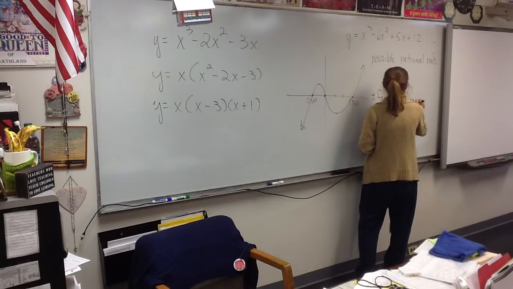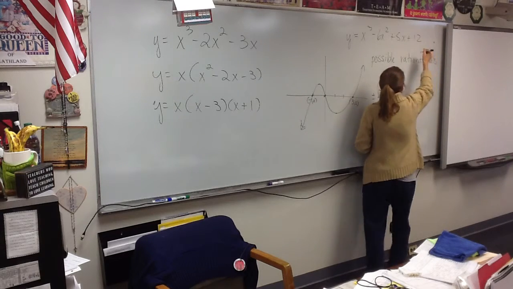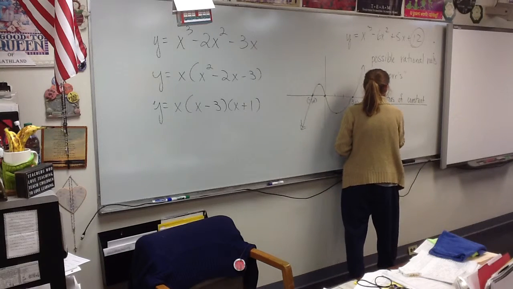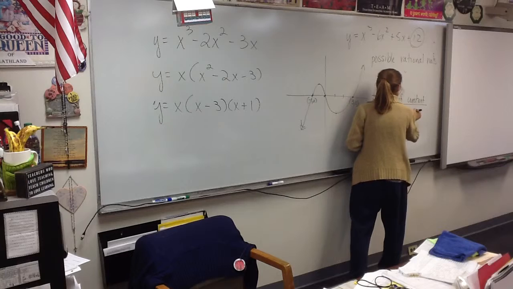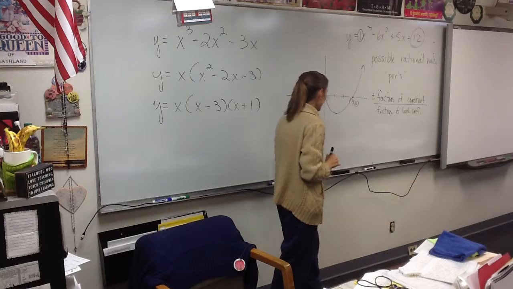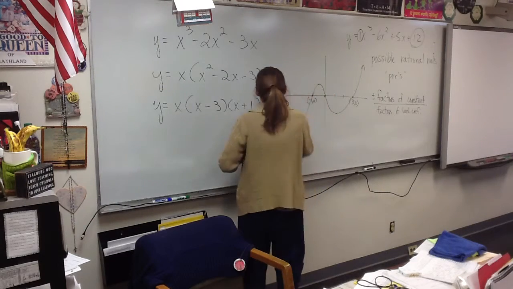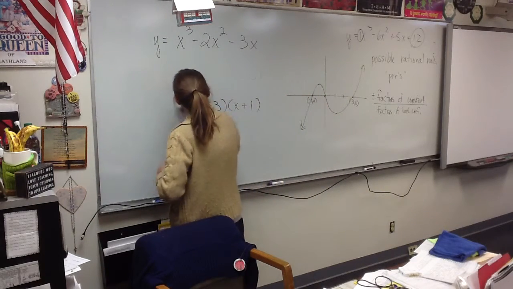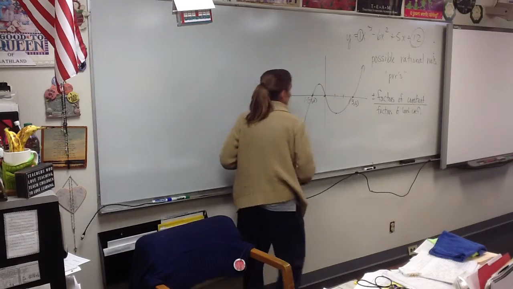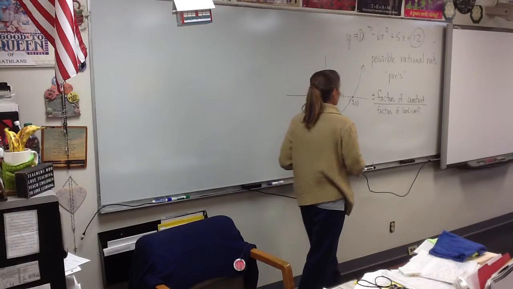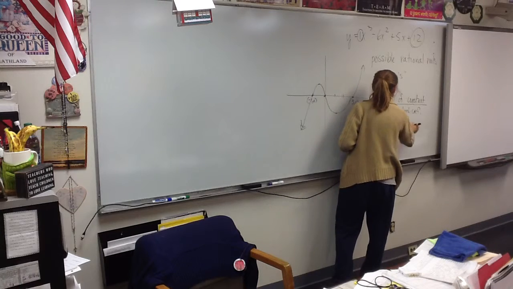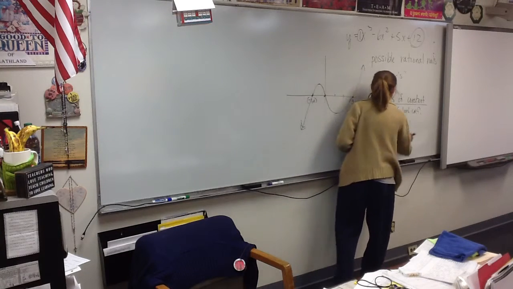Factors of the constant, which is 12, the plain number, over factors of the leading coefficient, which for us is 1. So the numbers that we are going to guess are factors of 12 over factors of 1.